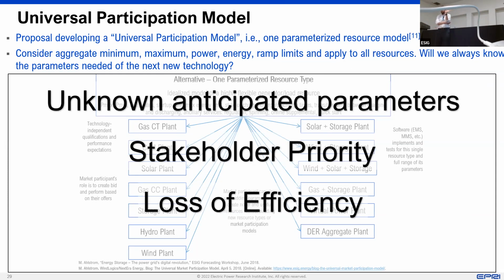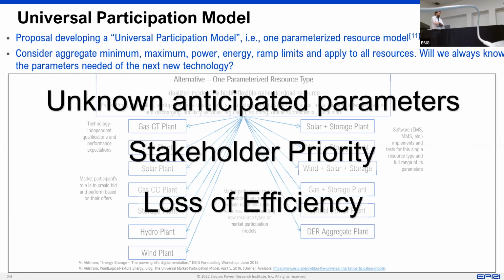Can we think of everything that we might need now and build that in today so that we're not having to do piecemeal incremental changes to each participation model as a new technology becomes economic and able to participate? Stakeholder priority is another thing, and how we prioritize these different participation models and how we include them.